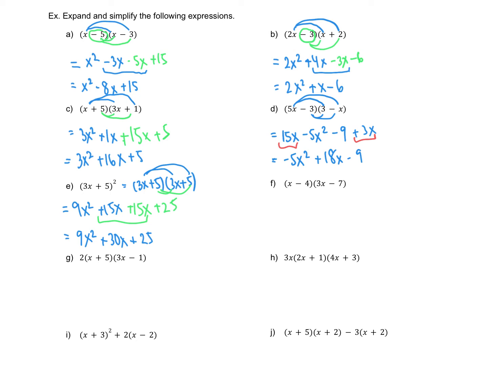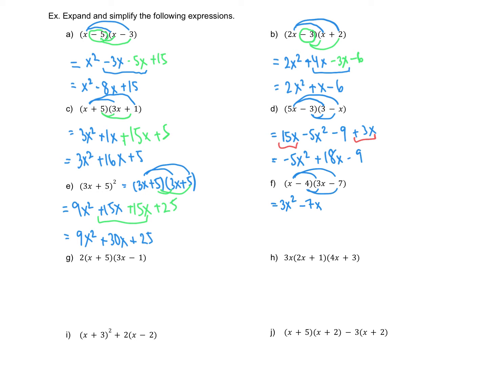All right, why don't you try F on your own and then come back and check your work. Okay, so we should have x times 3x to get 3x squared. Remember, whenever you multiply an x with an x, it will become x squared. We have multiple variables, so the exponent gets higher. And then x times negative 7 is just negative 7x.